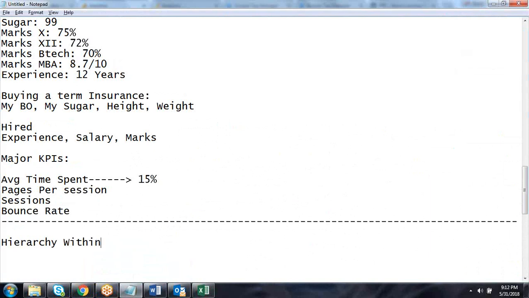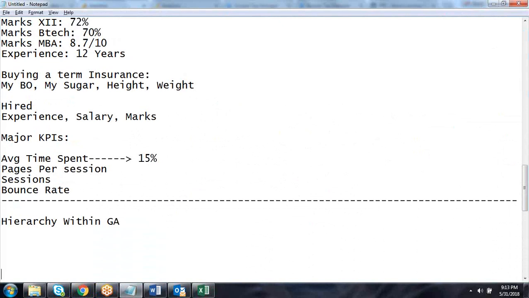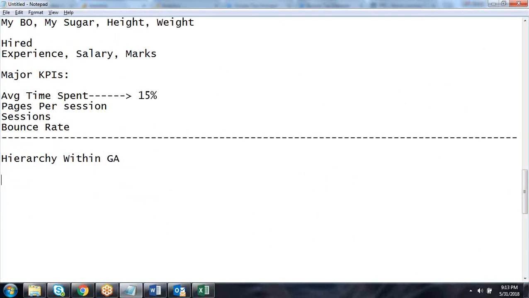So what is the hierarchy within Google Analytics? Google Analytics provides us 3 levels of hierarchy, that is account, property, and view. Make sense?